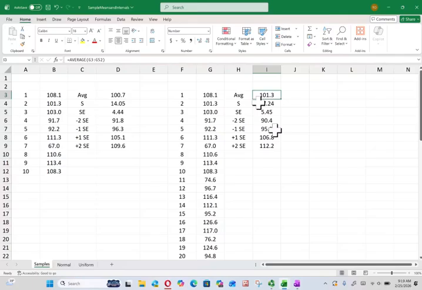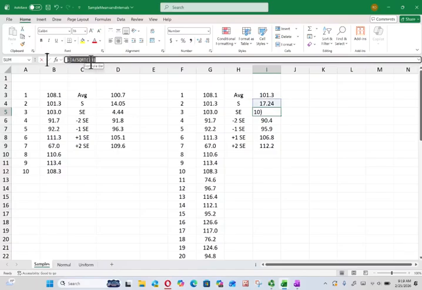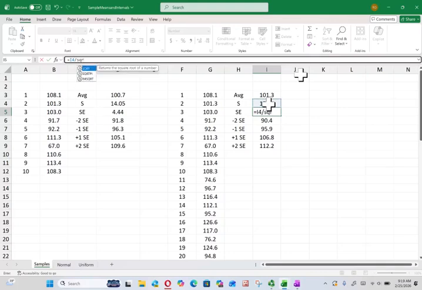It was 14 with 10 observations, it's 17 with 50, and it's pure luck, just the way it came out. The standard error of the mean is the standard deviation, 17.24, divided by the square root of 50.